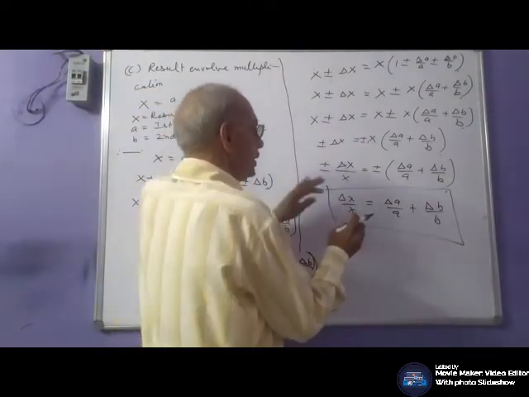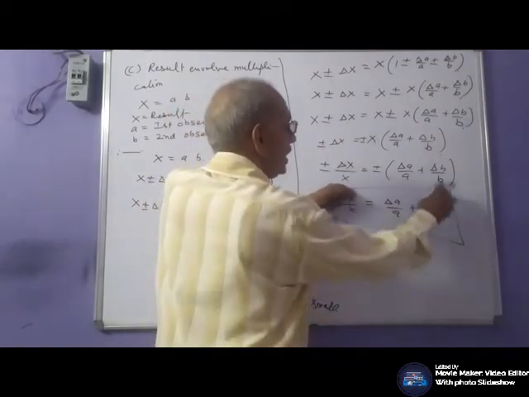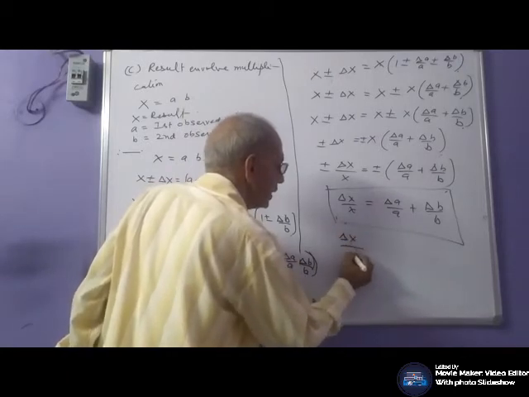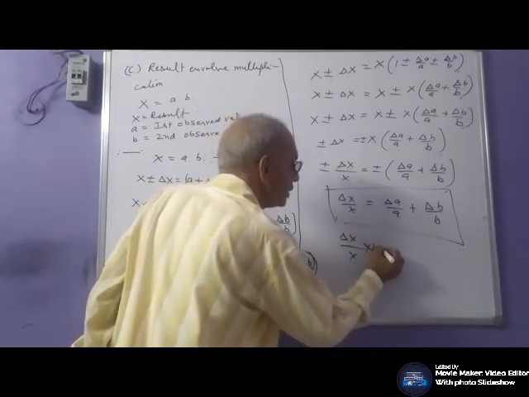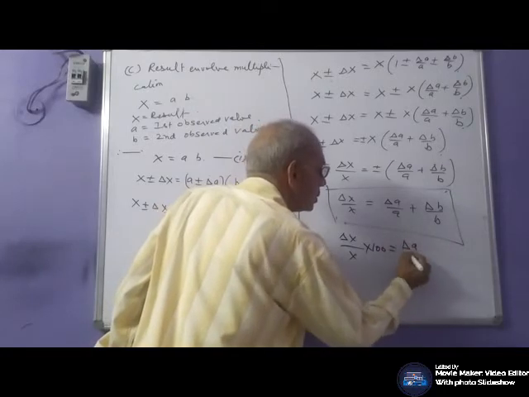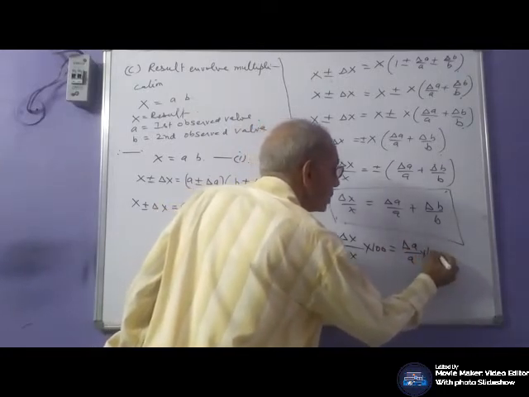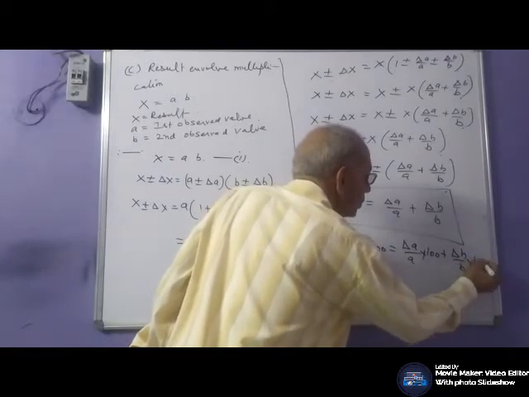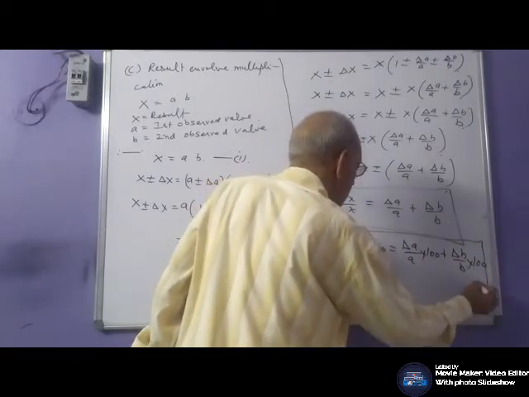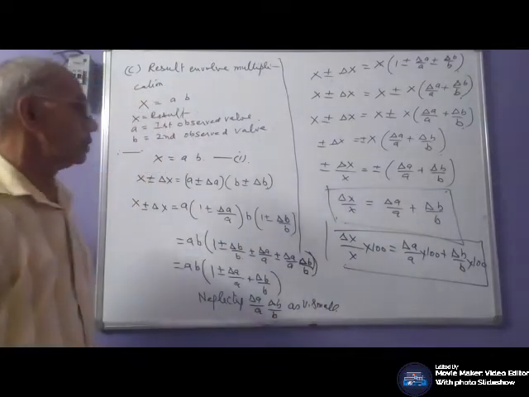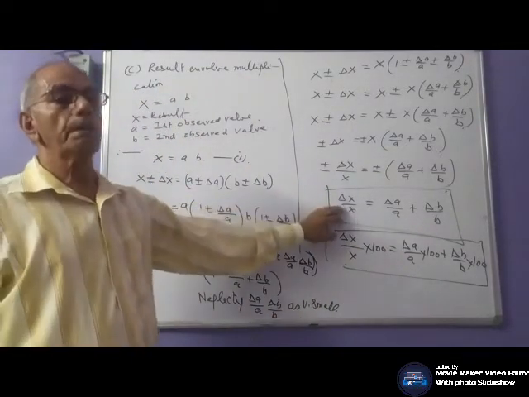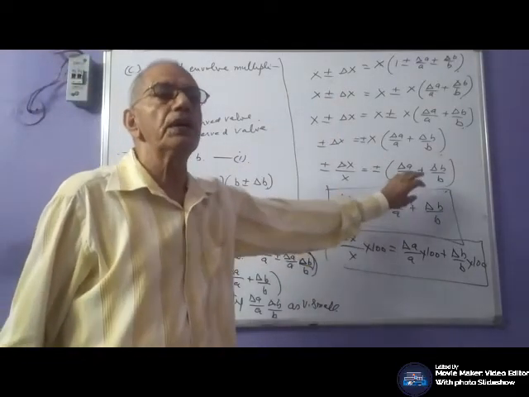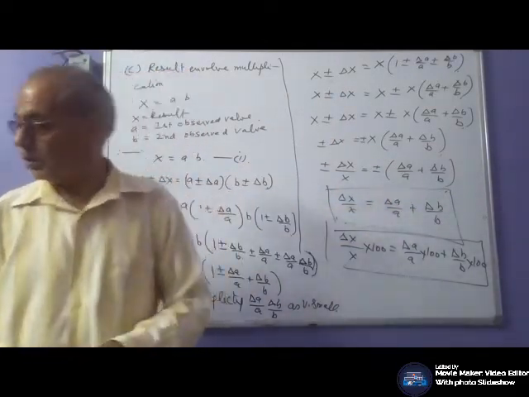Suppose we have to find absolute error, then take X to this side. If we want to find percentage error, then multiply by 100. So what is relative error in result? Relative error in first observed value plus relative error in second observed value.